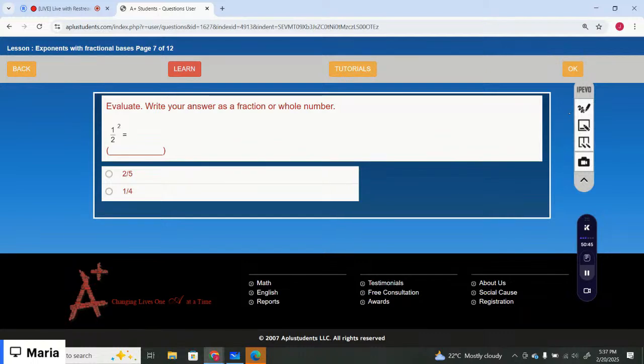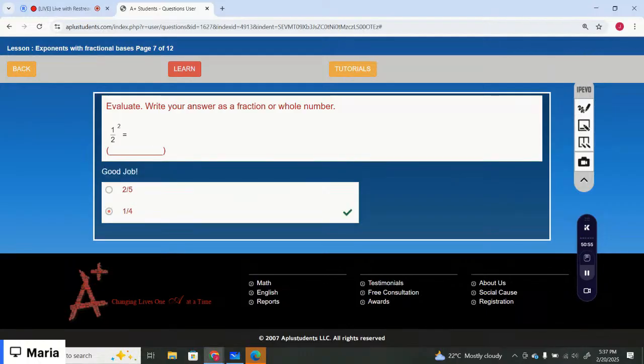That is 1 times 1 divided by 2 times 2. Option number 2 is the correct option. That is 1 by 4.